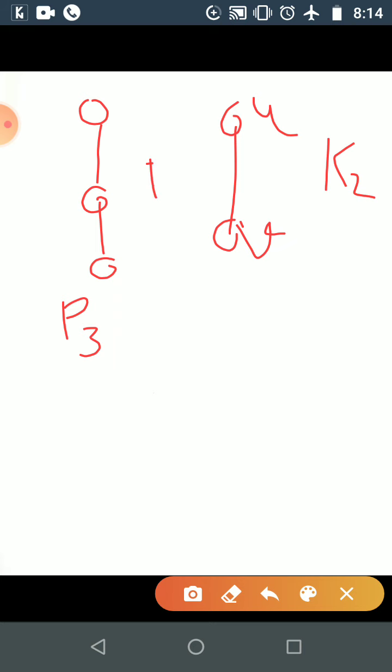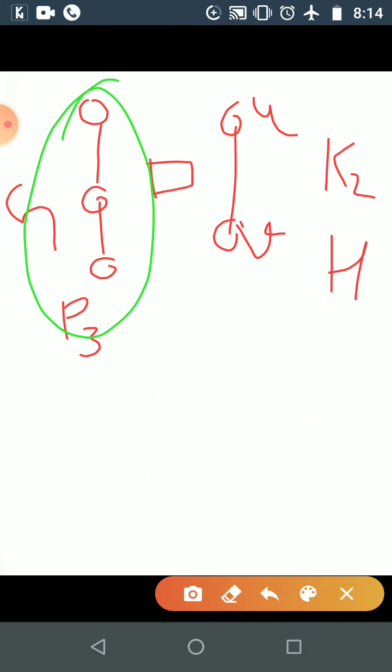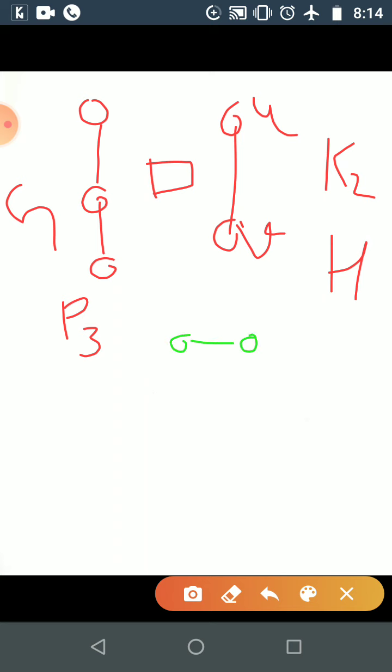We want to find the Cartesian product of these two graphs, and how we can find it is just put the copies of G. So this is G here and this is H. So take one copy of this G and put it on every vertex of H. Just place a copy of G in place of every vertex of H.